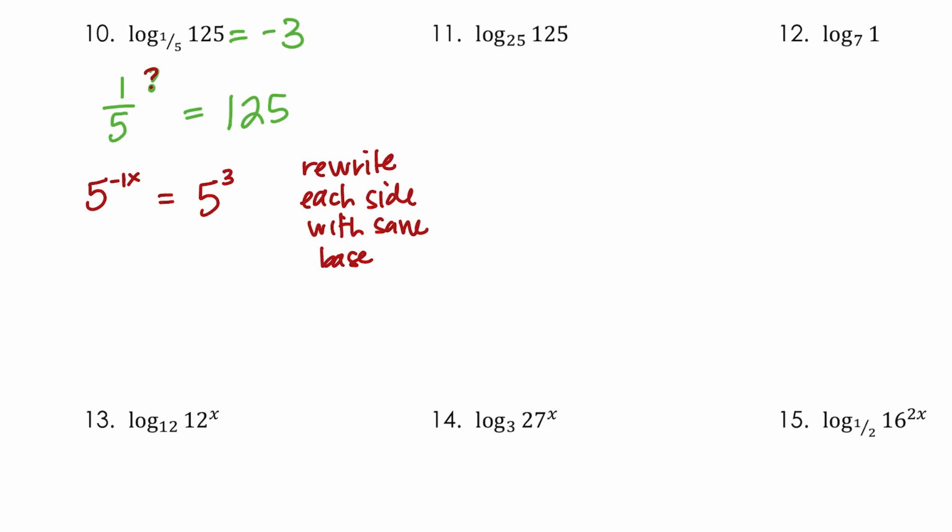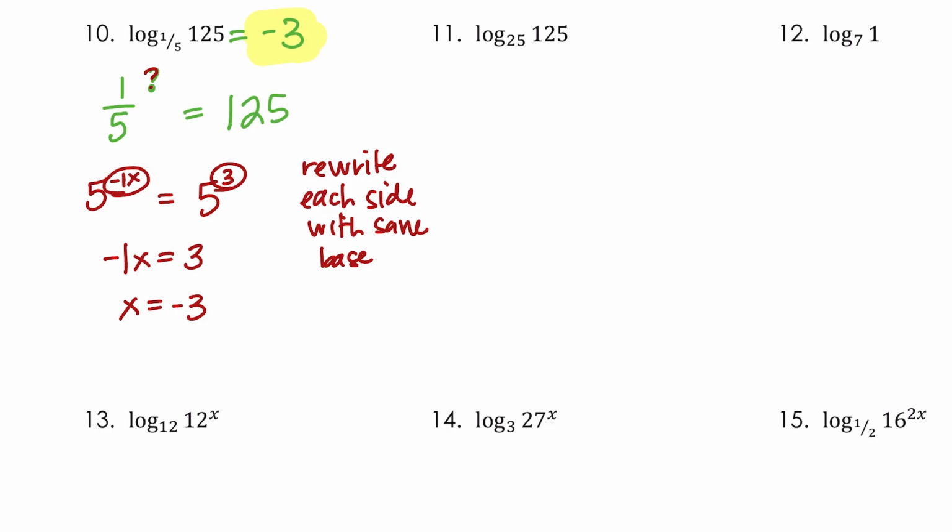Here we have 125, which is 5 cubed. Because we have 5 to a power and 5 to a power, we can take these powers and set them equal. So -1x equals 3. And if we divide by -1, x equals -3. So that's a way to get this. If you don't see it visually, but need to set up a little equation, you rewrite each side of the equation with the same base, so they're both 5 to something. And then we have that x or that question mark needing to be something.